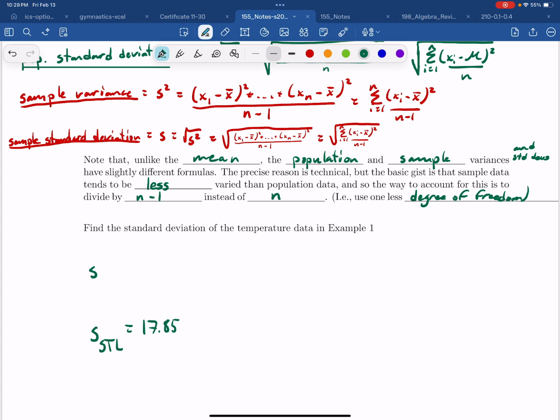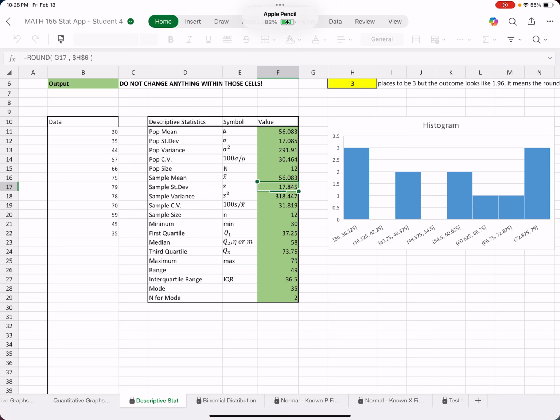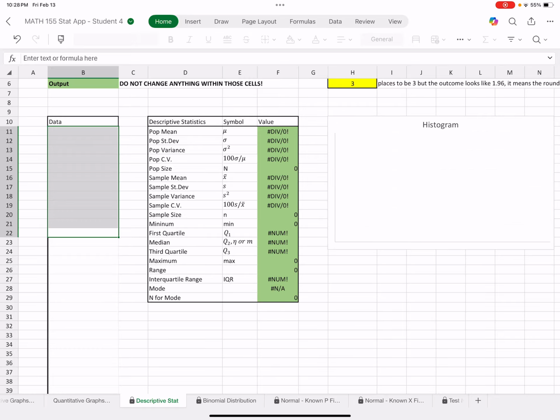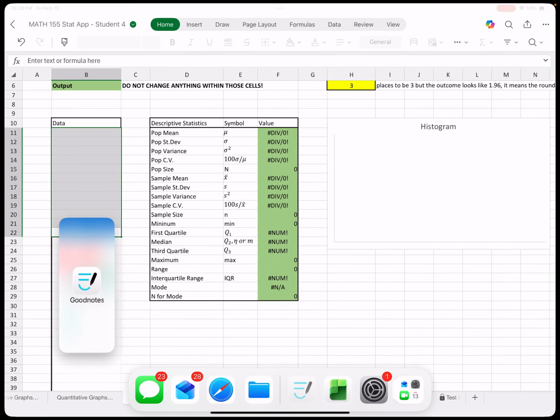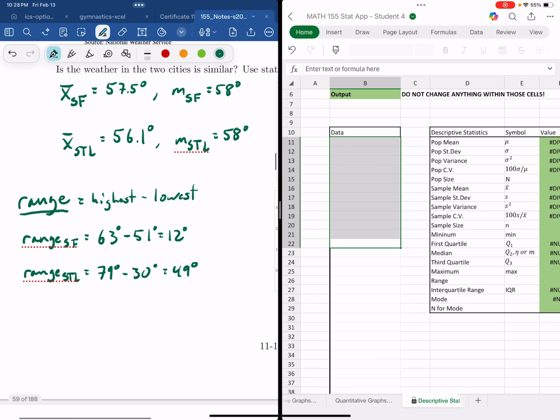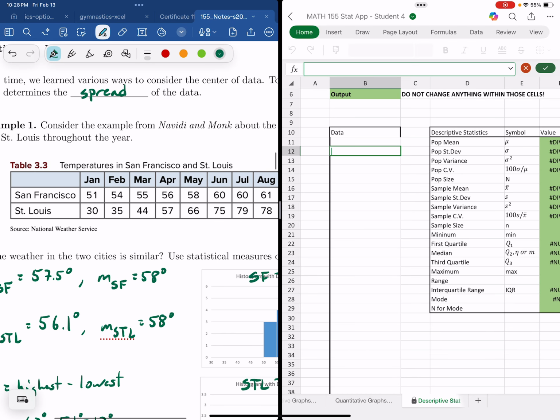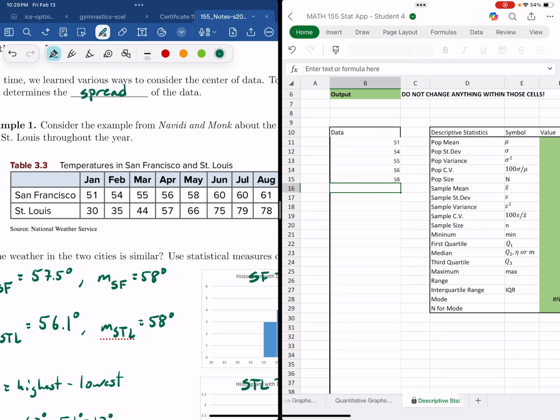All right, now let's find the sample standard deviation for San Francisco. That just means we have to enter the data in again. So I guess we should pull this up one more time, and we are going to have 63, and I think it was 58 and 52.